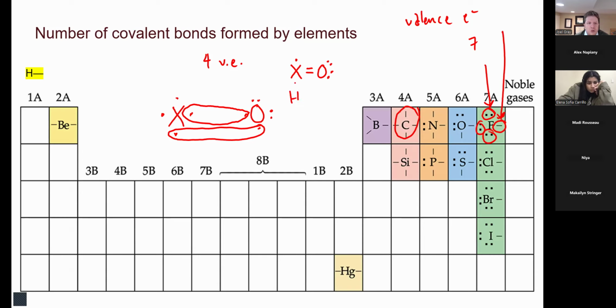What if he had H and then another H? Does X have eight electrons around it? Give me a yes or no in the chat. It does.